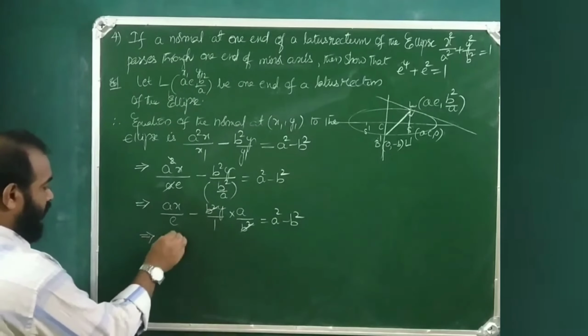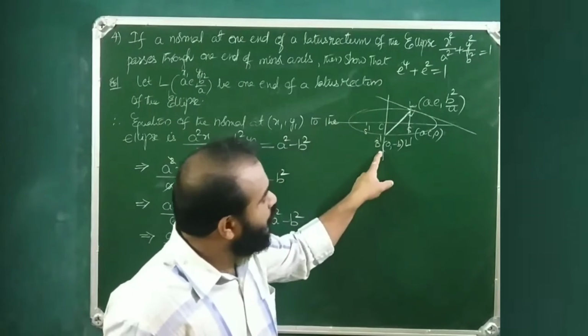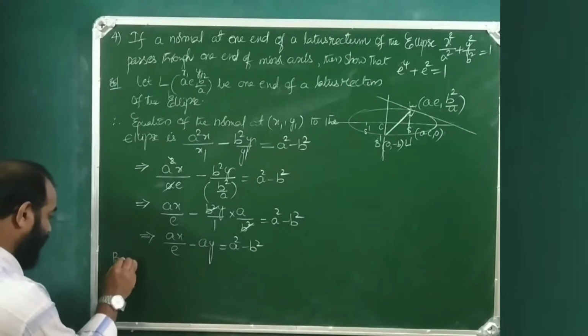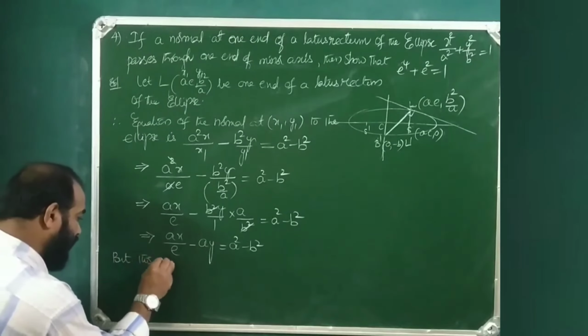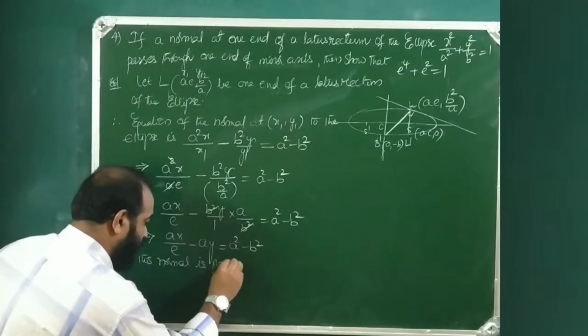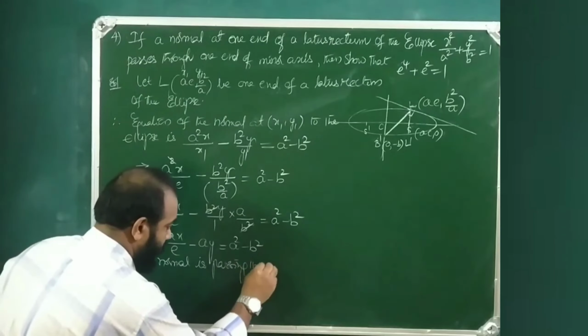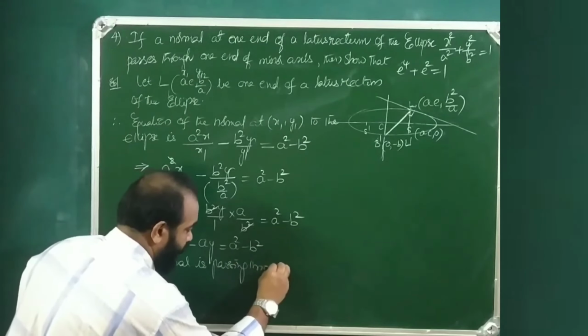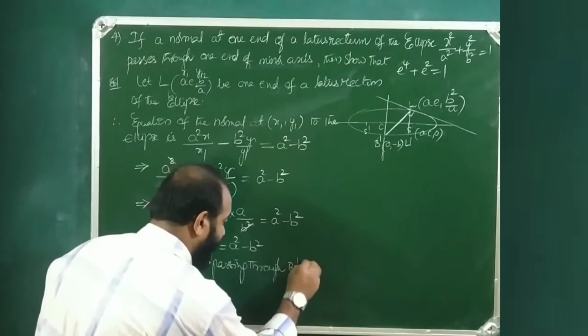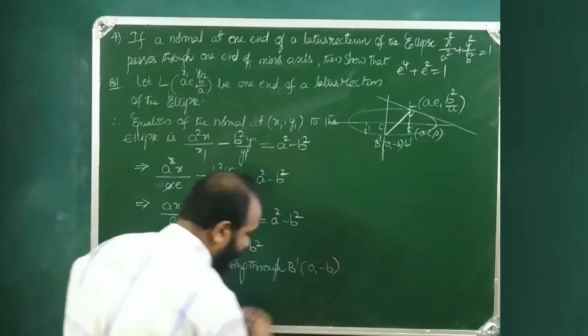So this is the normal that we have got here. But according to the question, this normal is passing through one end of the minor axis, which is b dash, which is 0 comma minus b.